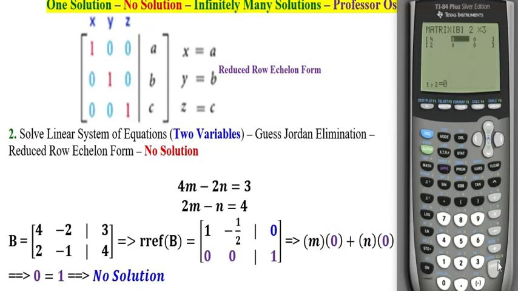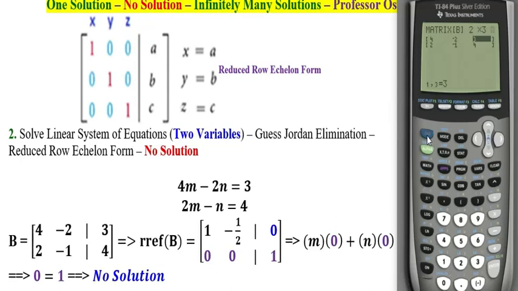For n we have minus 2, minus 1. Augmented with 3, 4. Again, let's double check our entry: 3, 4, minus 2, minus 1, 4, 2.